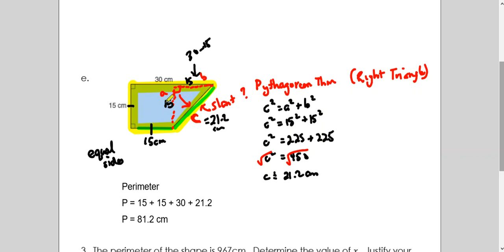So this 15 and this 15 is not really part of my perimeter. It's just the 30, the 20, the 30, the 15, the 15, and the 21.2. All right, so be careful that when you find some missing information, you don't include it into the perimeter. And that's where people miss out with some logic.